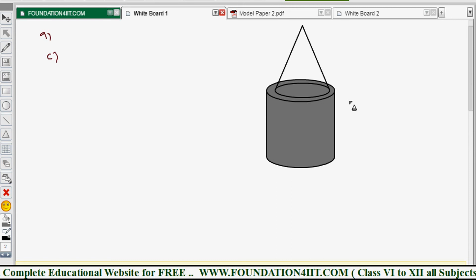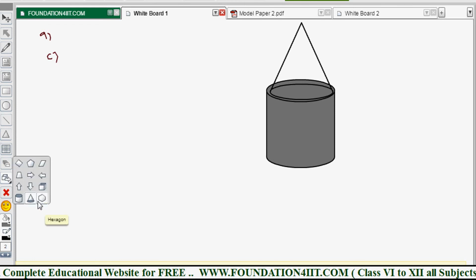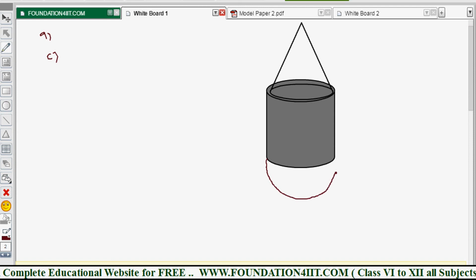Okay, so let me take some pixels. Now the cone is on top and the hemisphere is down. The hemisphere is at the other end. So let me draw a diagram for this.